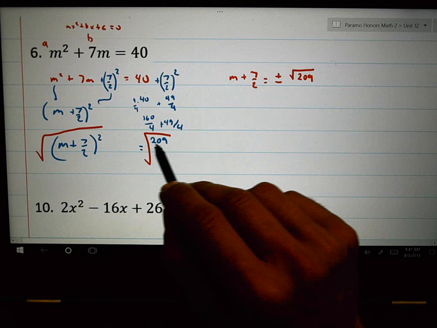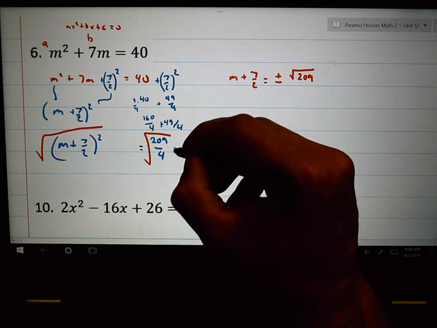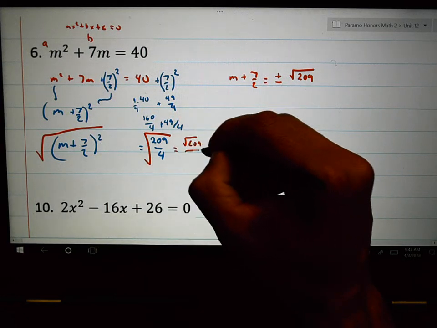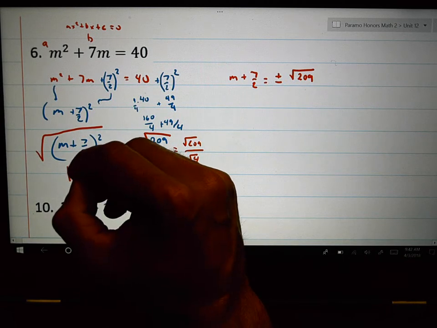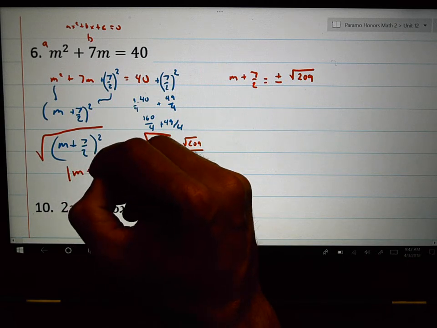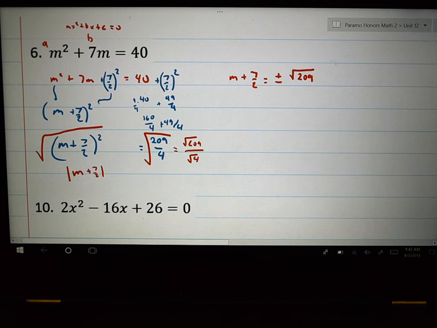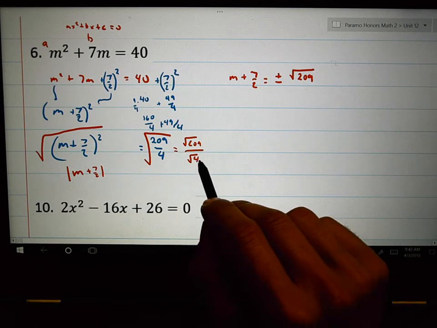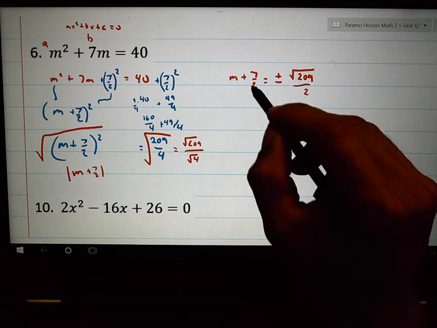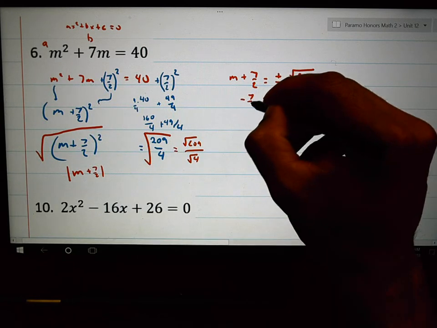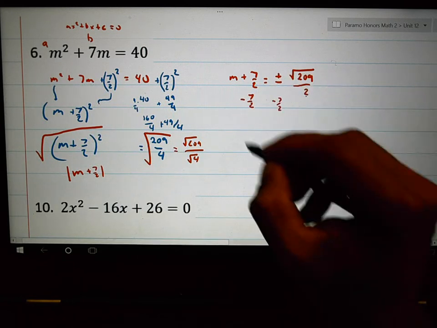But do I know what the square root of 4 is? Let me just write it like this: square root of 209, square root of 4. I'm going to put over here absolute value of m plus 7 over 2, so I remember that's why there's the plus or minus. Do you know what the square root of 4 is? That's perfect. And then guess what? When I subtract this 7 halves over here, it already has a common denominator.